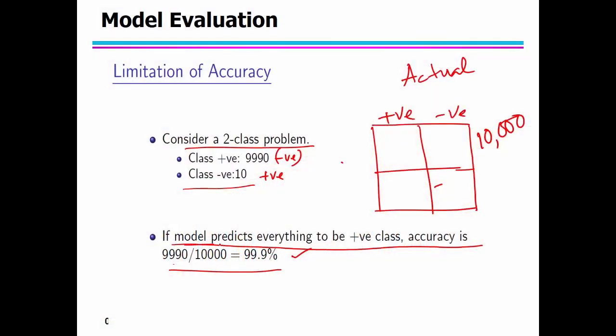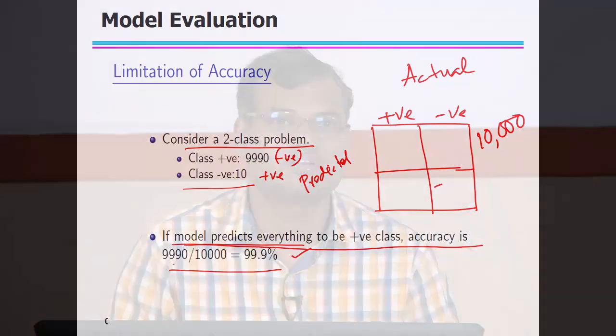And not only that, the model predicts everything to be positive class, we are keeping that fixed. This is the predicted one. Many of you will be working on projects in future also within machine learning, so it is very important to know that accuracy is not sufficient to judge a classifier's performance. Okay. That is a very classic example here.